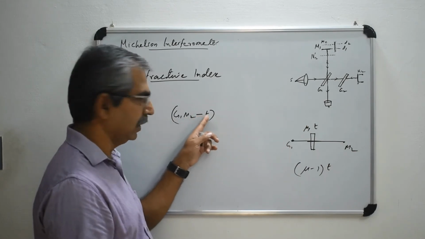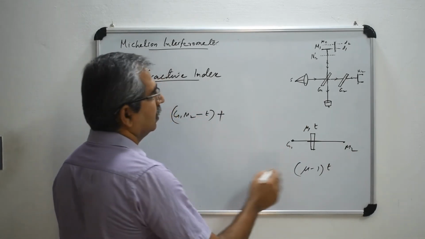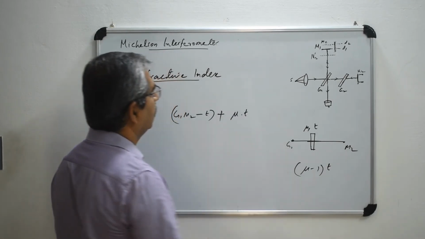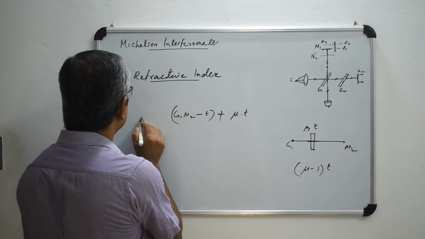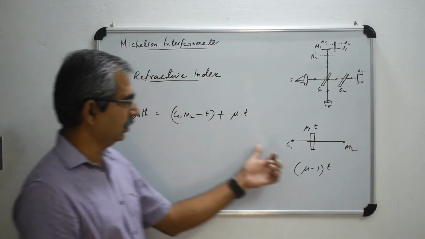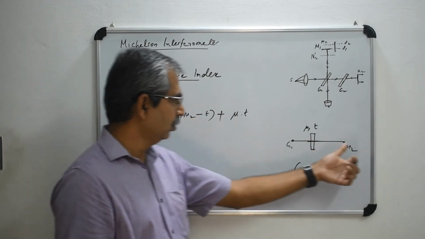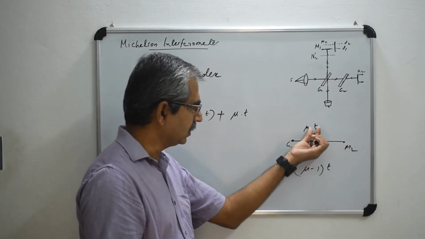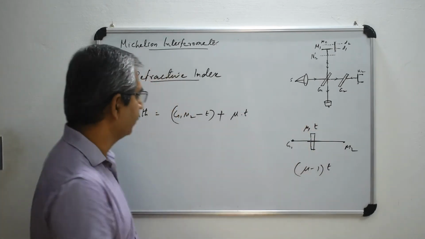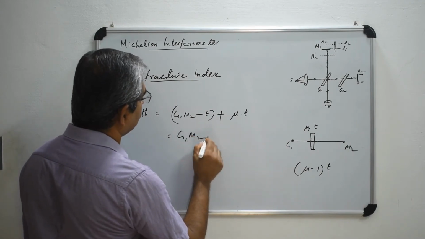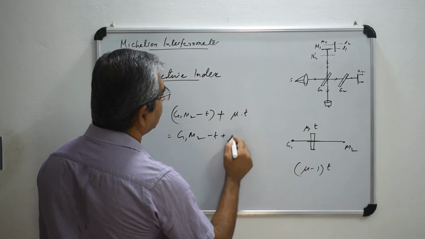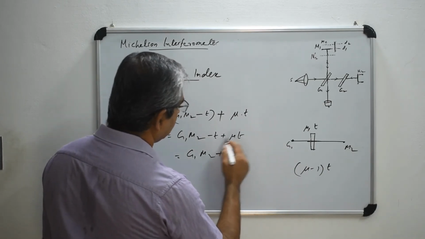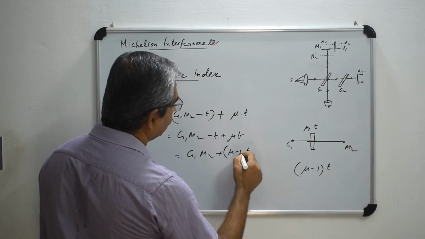Plus there is a path through this sheet also, that is mu into T. So the thickness is subtracted and the remaining path is in air, plus the thickness T in the denser medium, so that is mu into T. So this will be equal to G1 M2 minus T plus mu T, or equal to G1 M2 plus T, taking T as a common factor, mu minus 1.